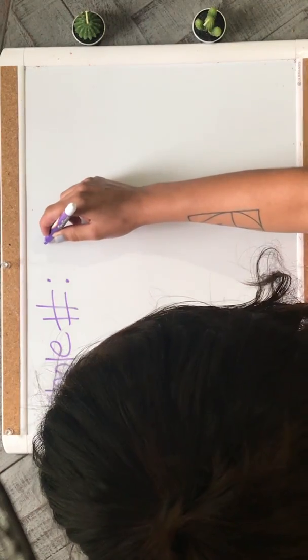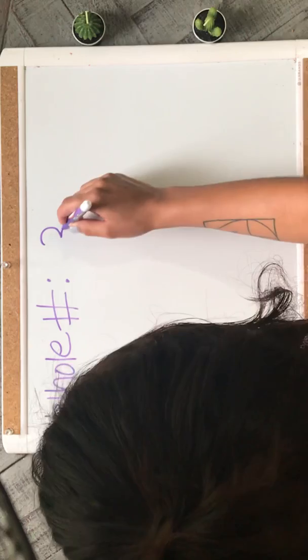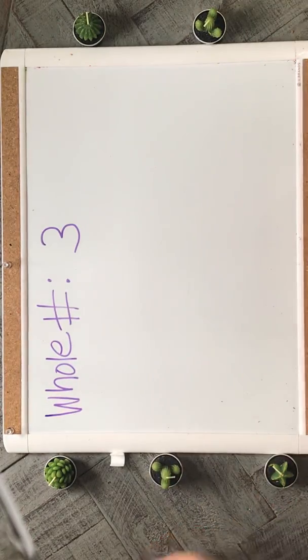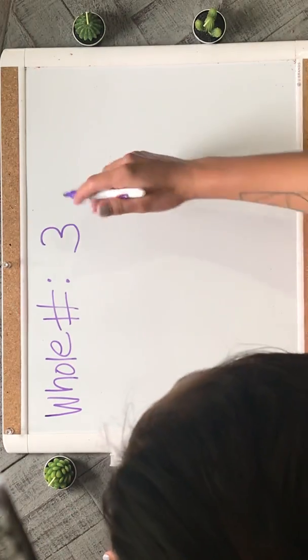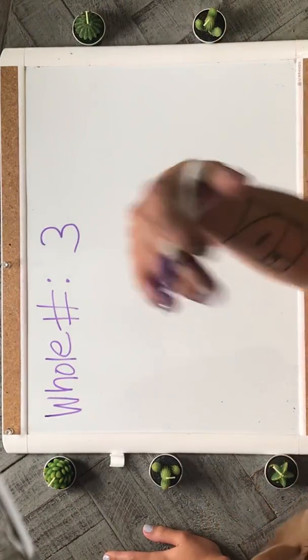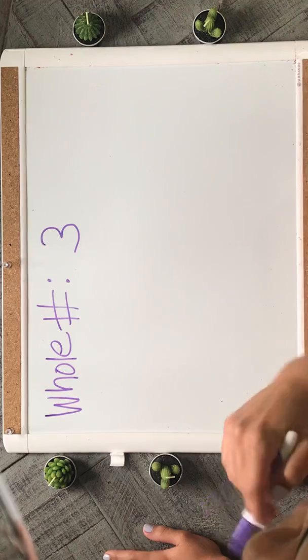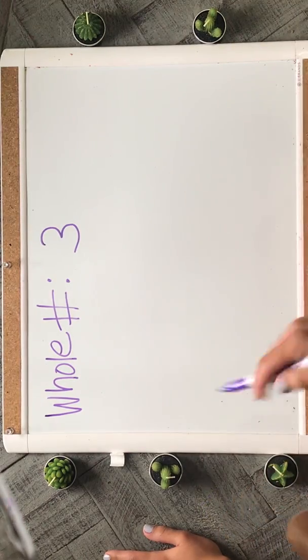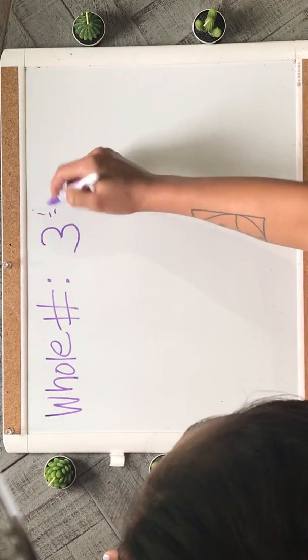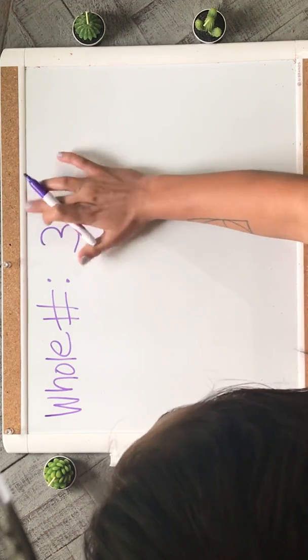So that would just be, let's go ahead and use 3. I'm going to try to use 3 for these examples. Okay, so that's a whole number, 3. Another one would be 12, or another one would be 82, or it doesn't matter, just a number without a fraction behind it.